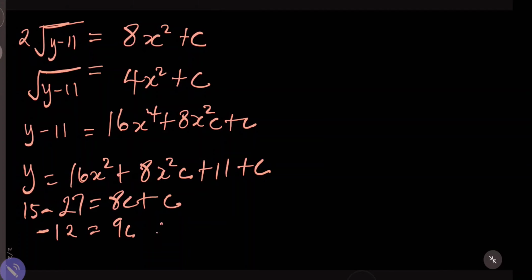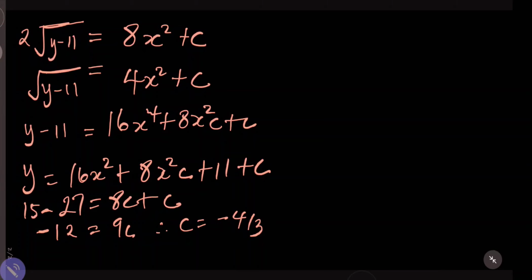That means, therefore, when you divide both sides by 9, you have c as minus 4 over 3. That's because you have c, and this goes by 9. When 3 divides, you have 4 over 3.